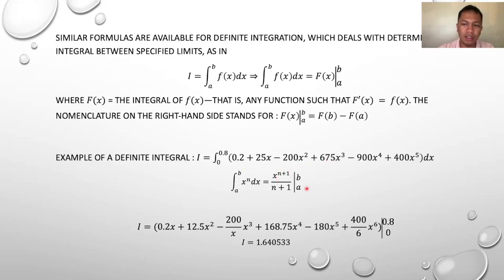This is the general rule for the integration, and we just substitute each one. Once we substitute all these, we will have the value of I equal to 1.640533. This value is equal to the area under the original polynomial between 0 and 0.8.